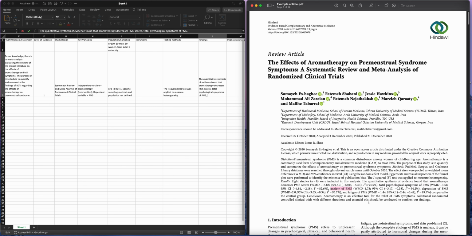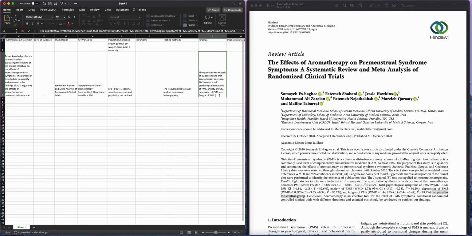Anxiety of PMS, depression of PMS, and fatigue of PMS. Compared to the control group. We can add that in there.